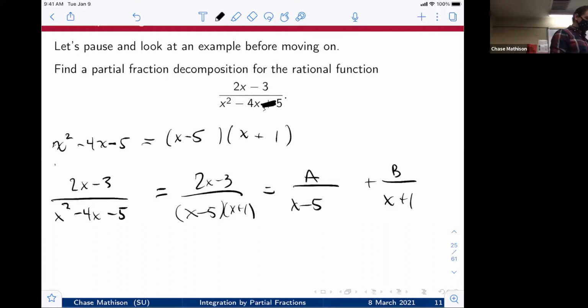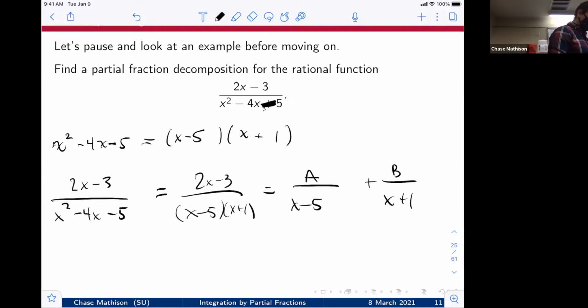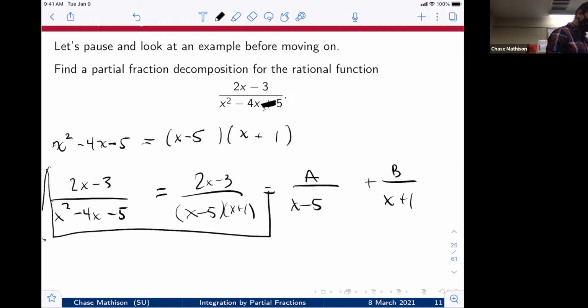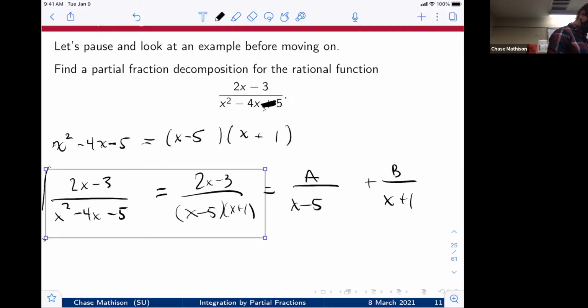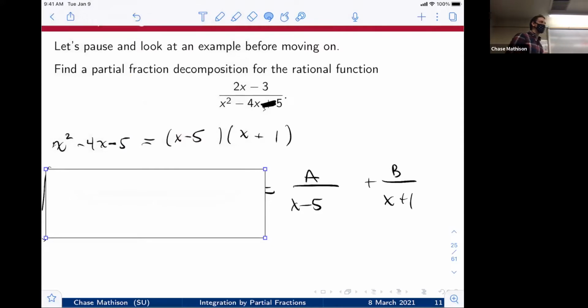Well, let's say for a second that we didn't know where this came from. I gave you the problem: simplify A over x minus 5 plus B over x plus 1. What would you do?